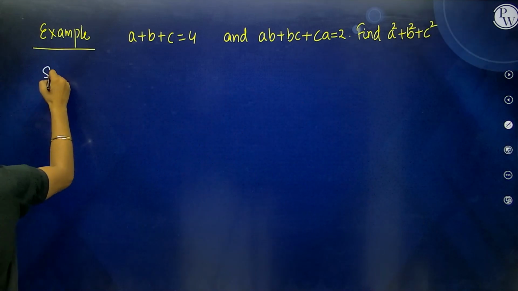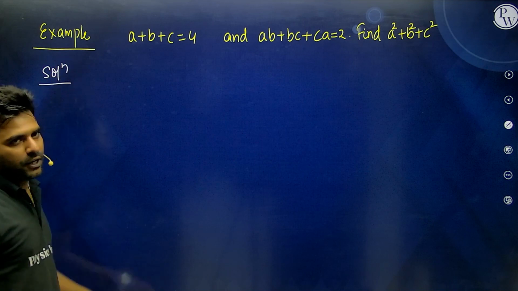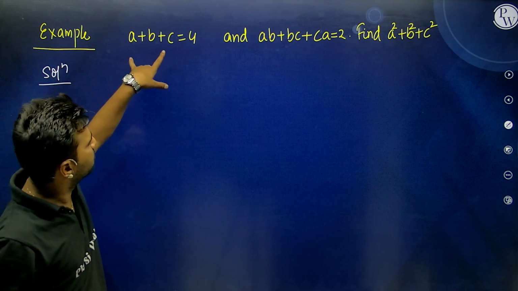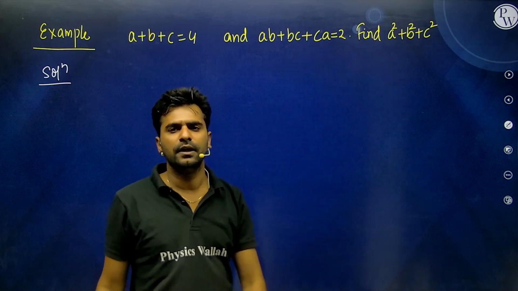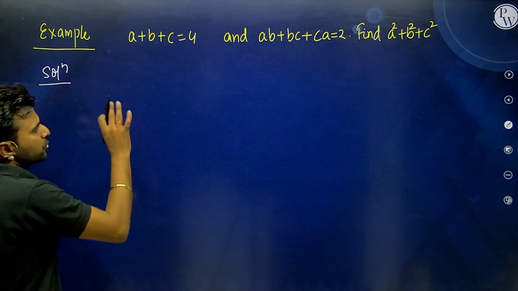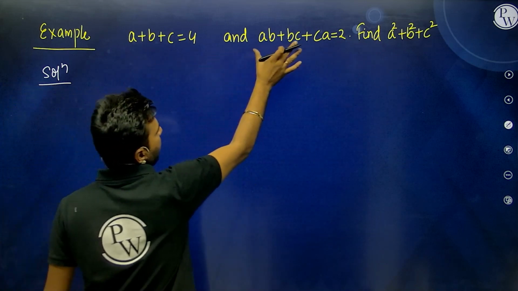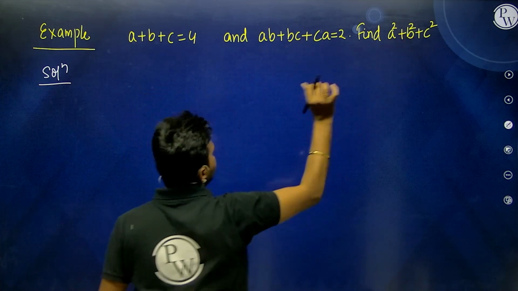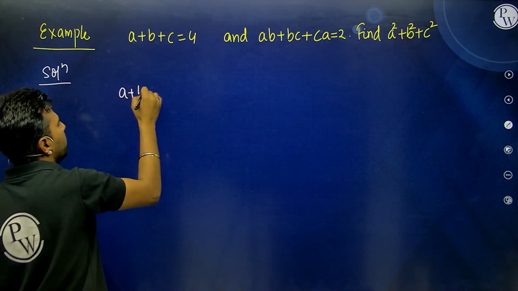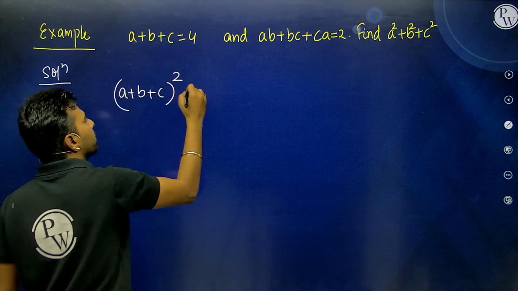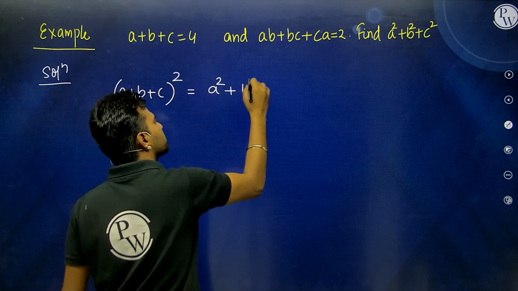If this kind of question is given to you, your mind should click which formula these terms come in. So these 3 terms, a plus b plus c, ab plus bc plus ca, and a square plus b square plus c square, come in this formula. Yes or no, kids?